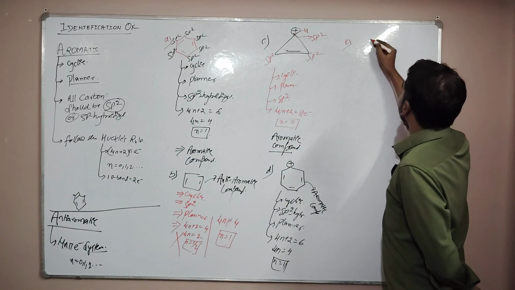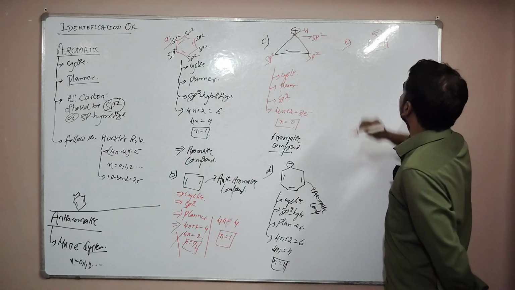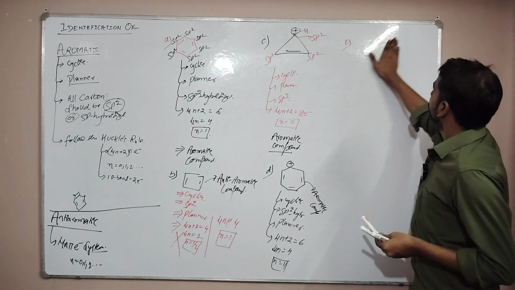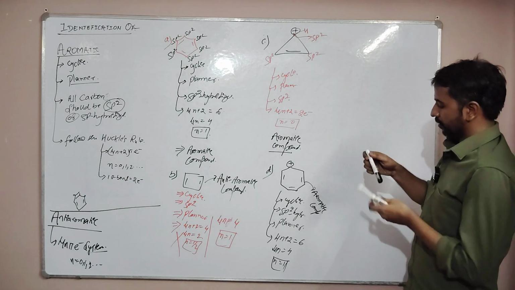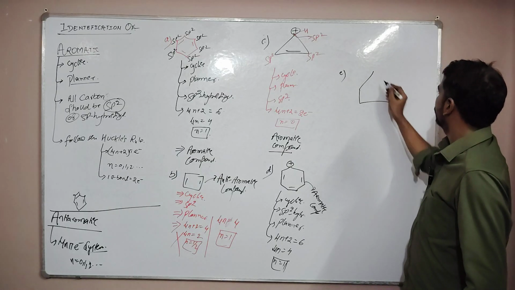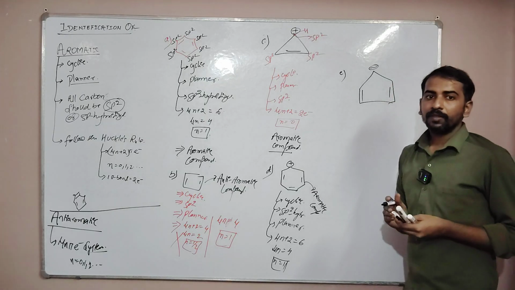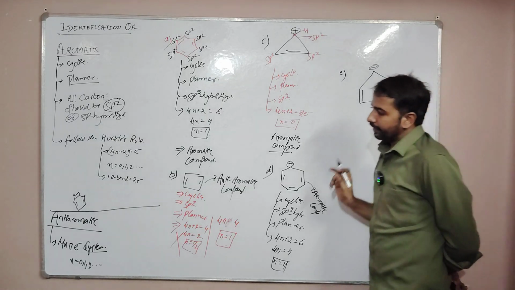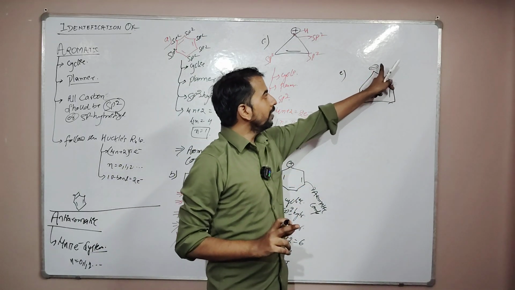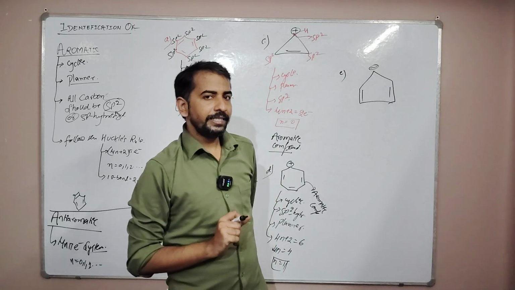One more example we will see. Suppose you have this compound. I have already said that we consider a lone pair only when it is in a localized condition.